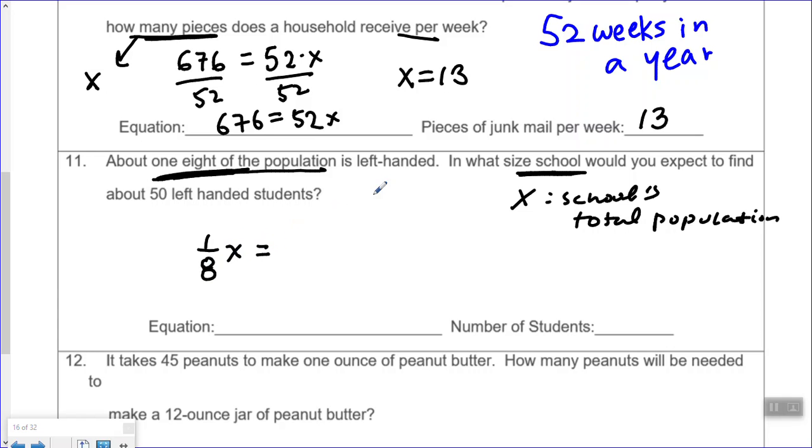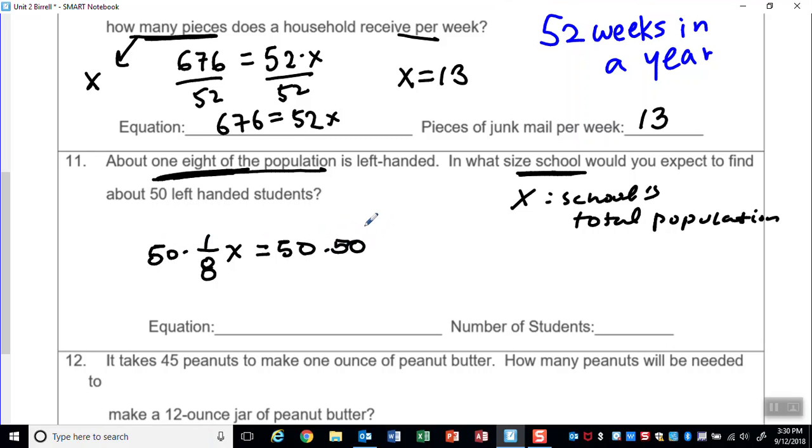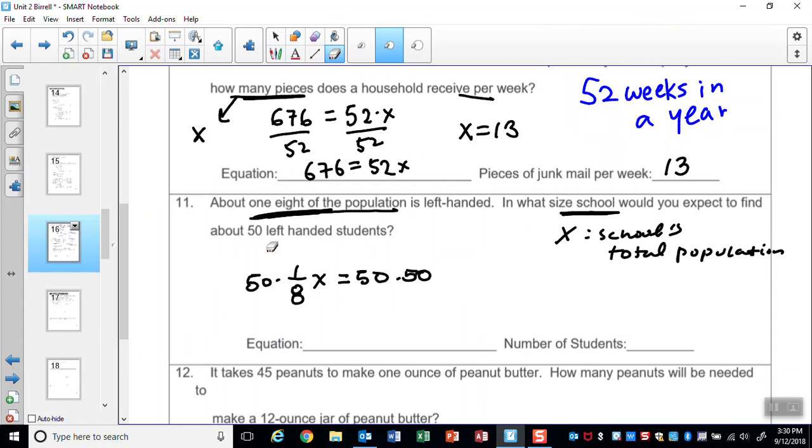X equals left-handed. How many? It's 50. So multiply 50 both sides. Oh, I'm sorry, my bad. You have to multiply by 8, not 50.